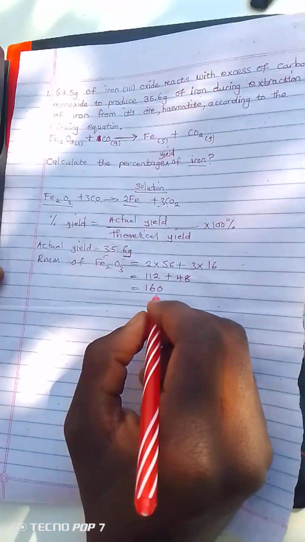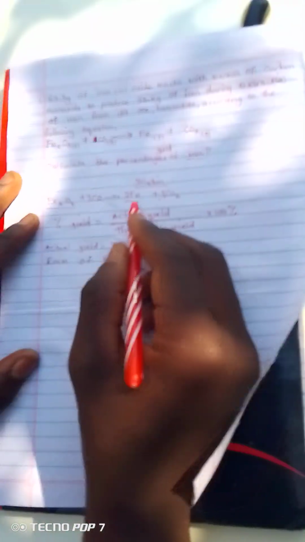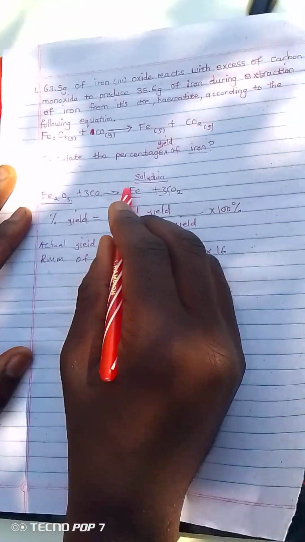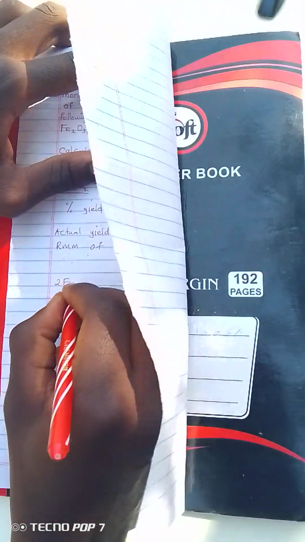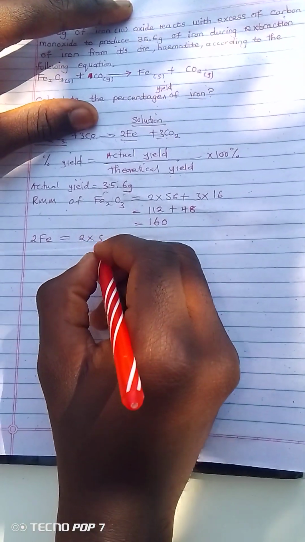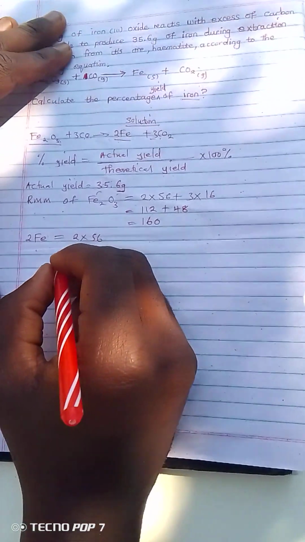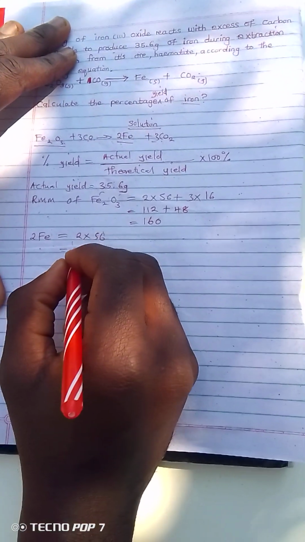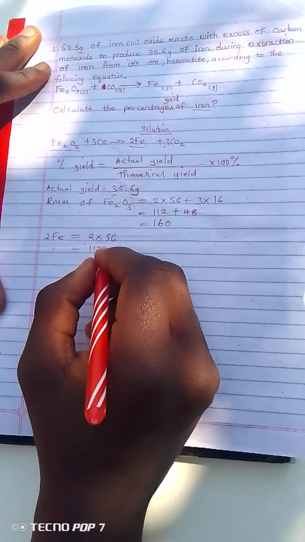So we got 160. So now we also go for iron. We just take it the way it is with its coefficient. So iron will be like this. Iron is equal to 2 by 56, the mass number, in order to find its relative molecular mass. So it will be 112. That's the relative molecular mass of iron.